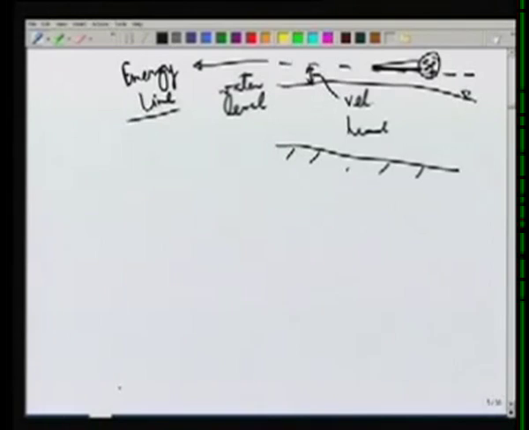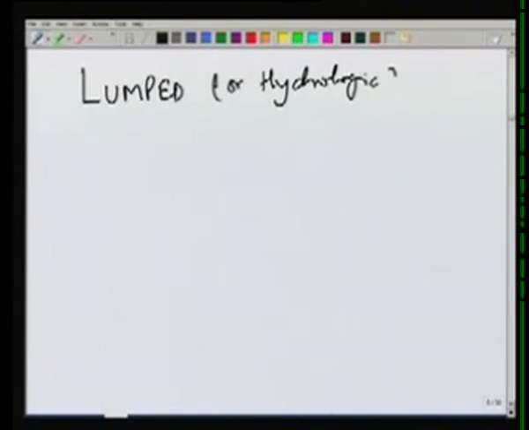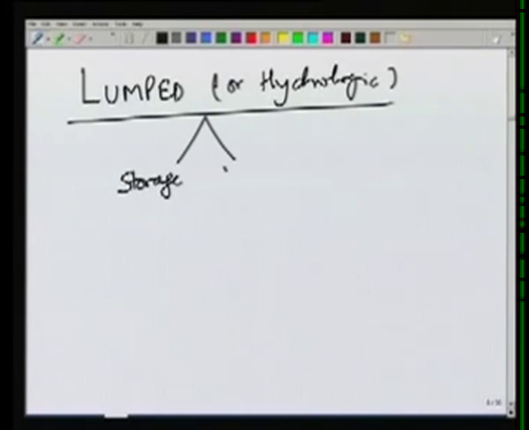So we will start with the lumped routing because it's easier. Now all the routings can be thought of in terms of two different kinds, either storage routing or channel routing.